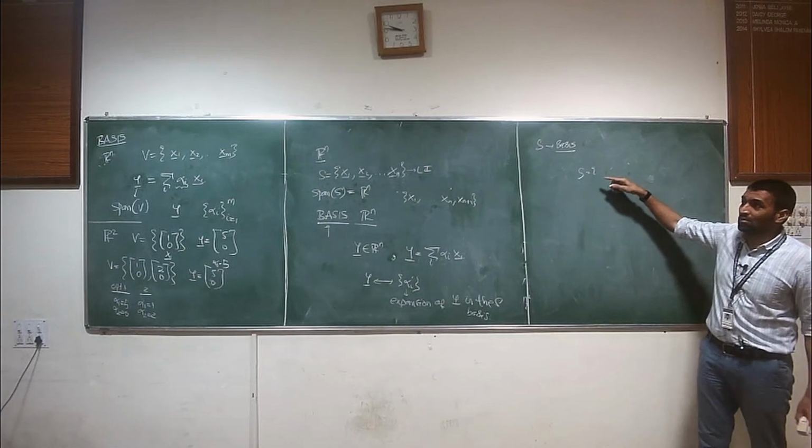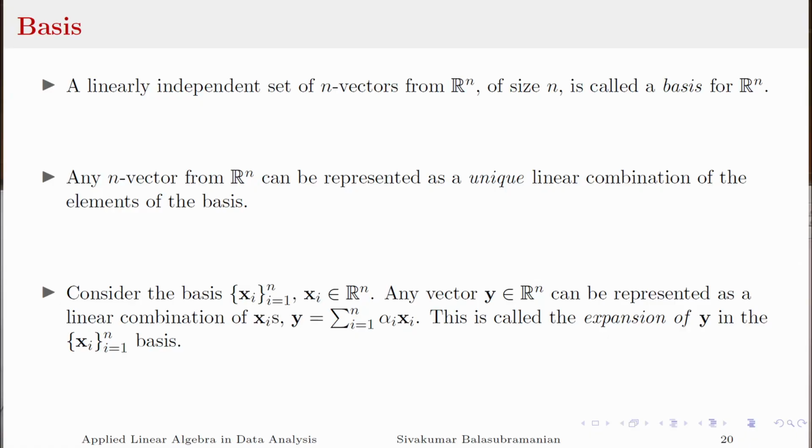I'm asking how many bases. Maybe x1 to xn is one basis. Maybe there is another set of n vectors that I can choose from Rn which is linearly independent. That will be a basis for Rn. How many such sets can I choose? Infinite number of them, right? There are infinite number of bases. But it turns out some bases are special, and the most special ones, at least as far as this course is concerned, are bases that are orthonormal.